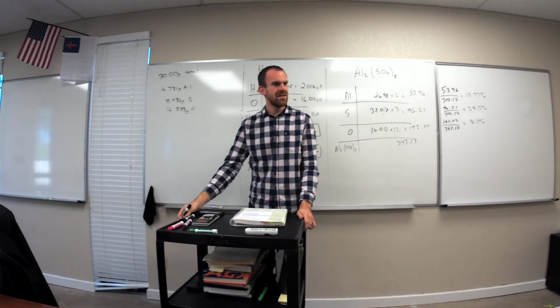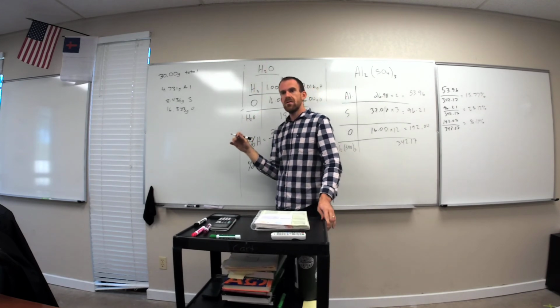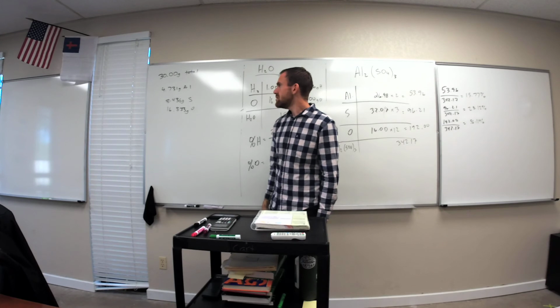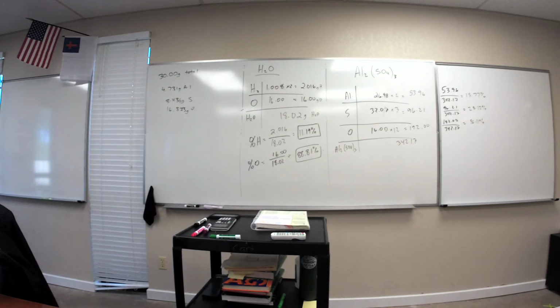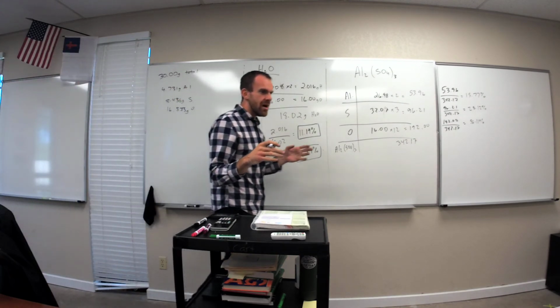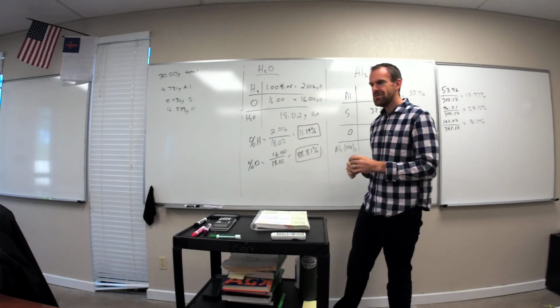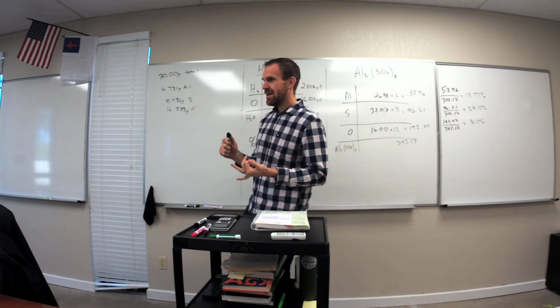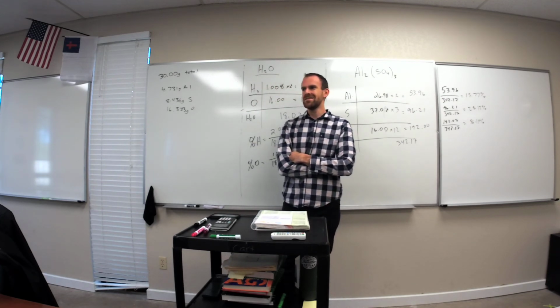How do you find that? Take the mass of the element and divide by the total. So I would like this third of the room to do aluminum, this third to do sulfur, this third to do oxygen. Do not overcomplicate. You do not need a periodic table. You need a calculator, or if you choose, by hand.